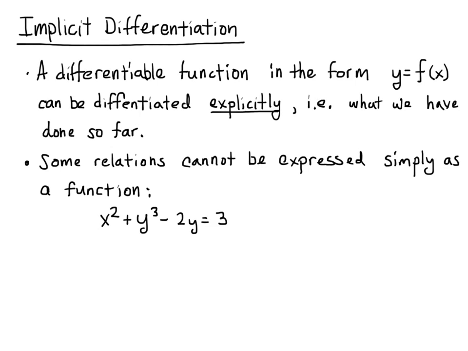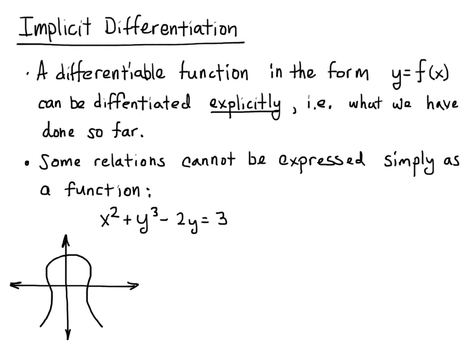But this is a perfectly valid relationship, and we do want to be able to figure out rates of change with it. If I were to take this, it's not really a function, it's a relation, and it looks like, I don't know, maybe a jellyfish or an octopus, a profile of that.